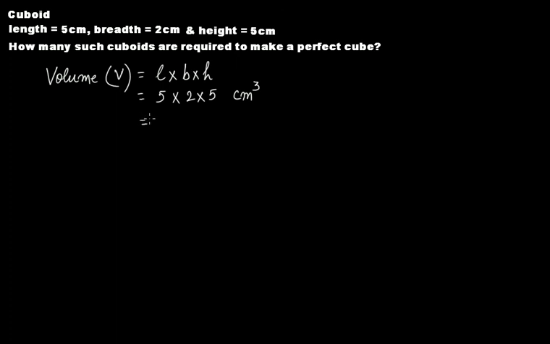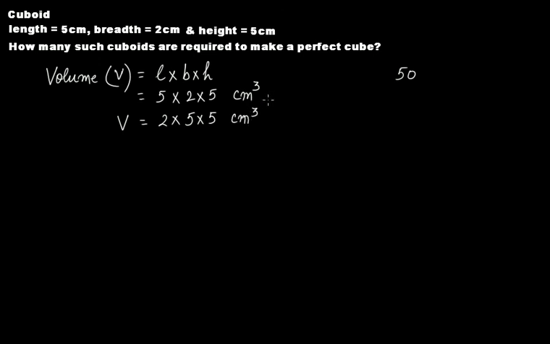Now 5 times 2 is 10, times 5 is 50. If you want to find the prime factorization of 50, go ahead with this one. Otherwise, you can continue with this only. Both will give the same result. So this is 2 multiplied by 5 multiplied by 5. That is V, centimeter cubed.